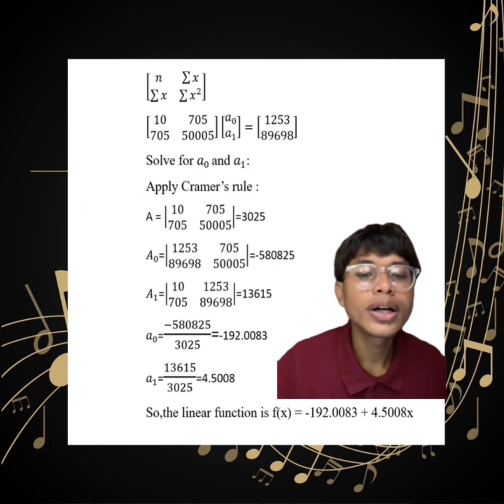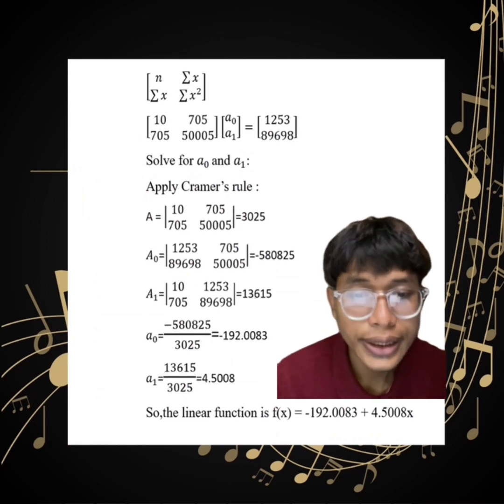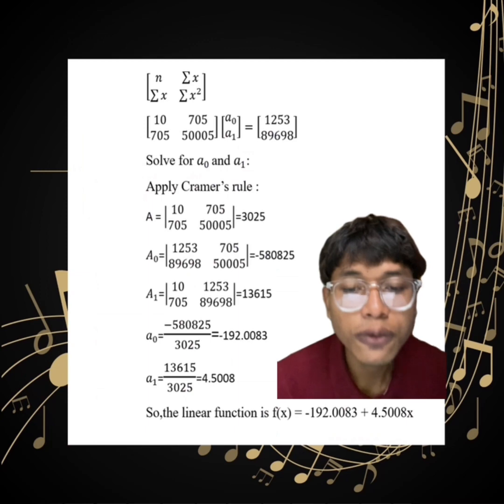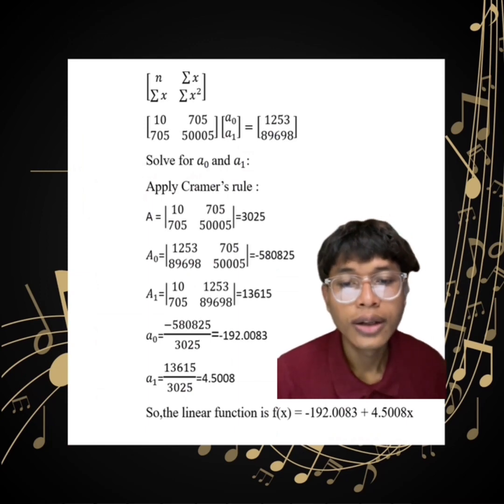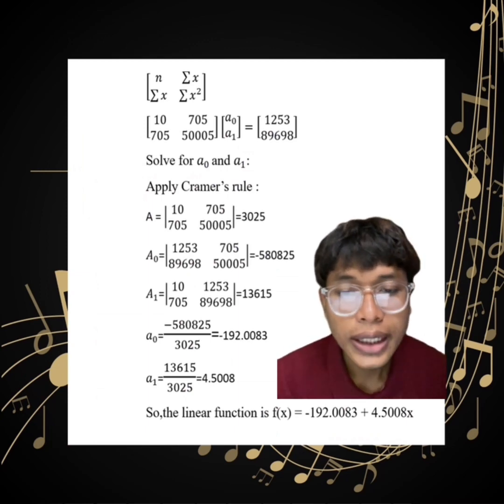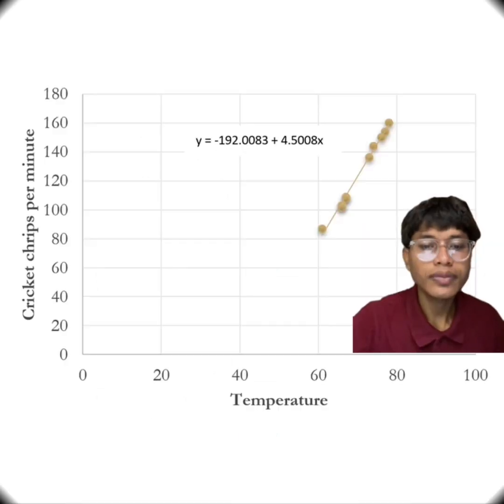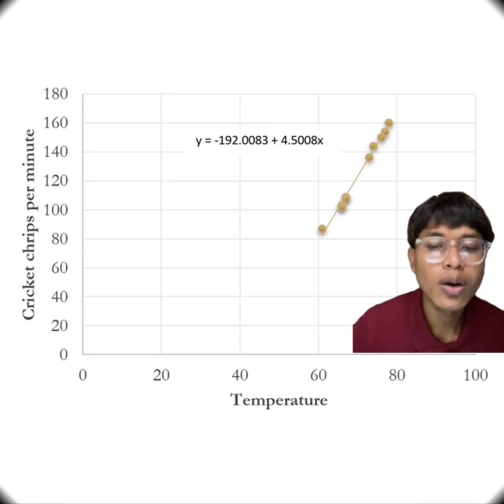For a1 we get 4.5008. So the linear function is f(x) equals negative 192.0083 plus 4.5008x.